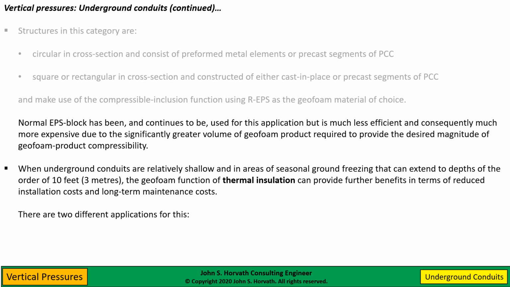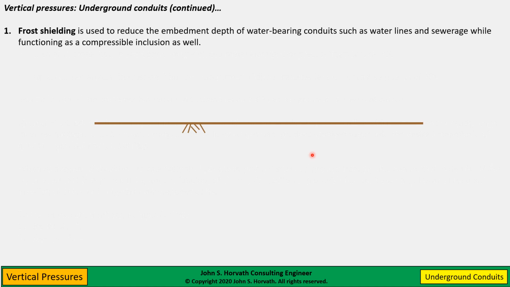And there are two different applications. One is called frost shielding and the other is to prevent frost jacking. Talking first about frost shielding, this is used to reduce the embedment depth of water-bearing conduits such as water lines and sewerage, while functioning as a compressible inclusion as well.